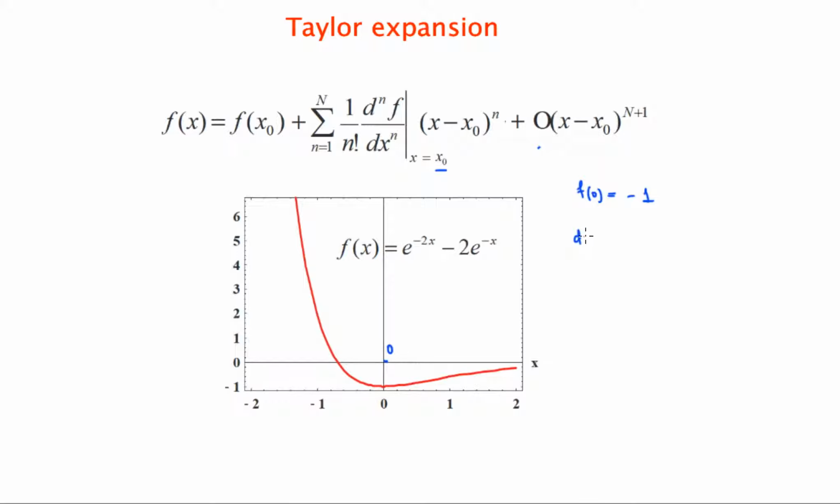So if we calculate the derivative of f with respect to x, we'll have minus 2 over 2x plus 2 over minus x, and if we evaluate that at 0, we have that this is 0.